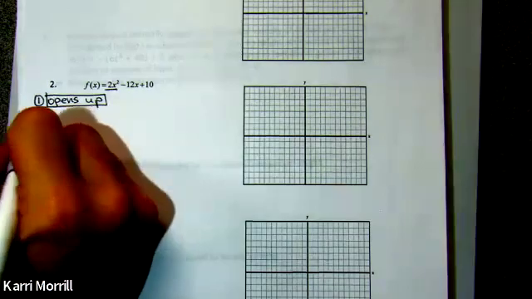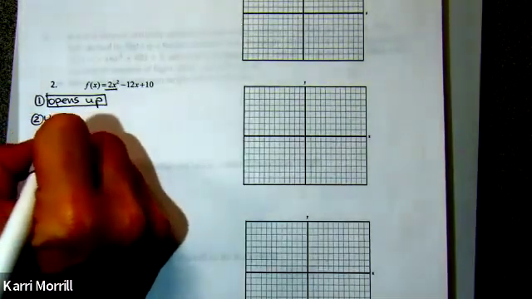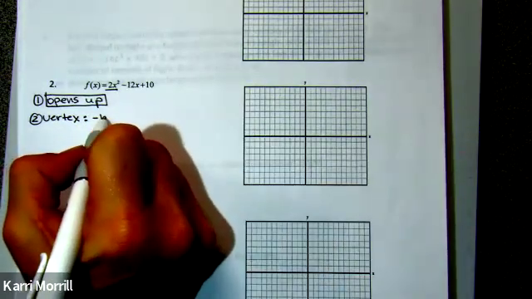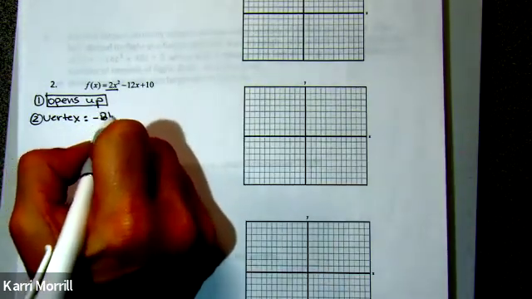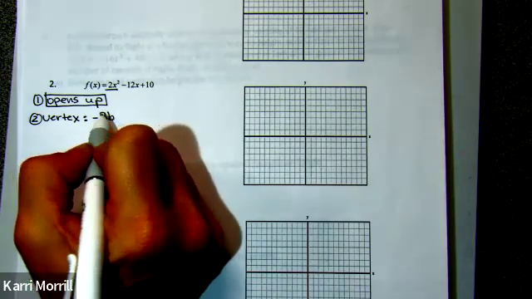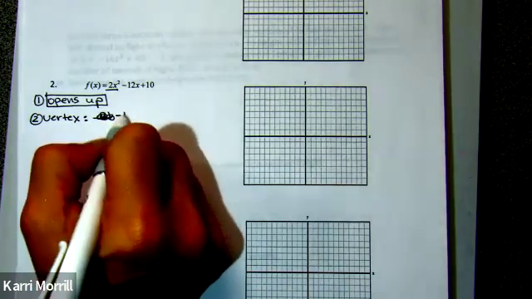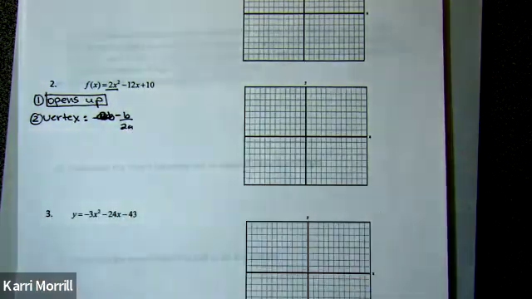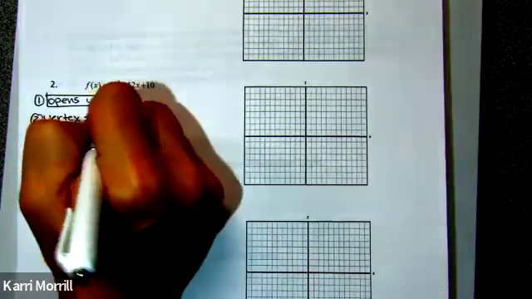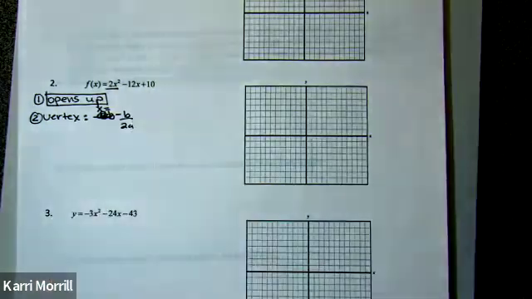The second thing I'm going to identify is the vertex. With this one, we have to do negative b over 2a. Actually, I said that all wrong. Negative b over 2a. And once we find that, that's going to be the x part. Then we'll plug it into this expression to find the y part.